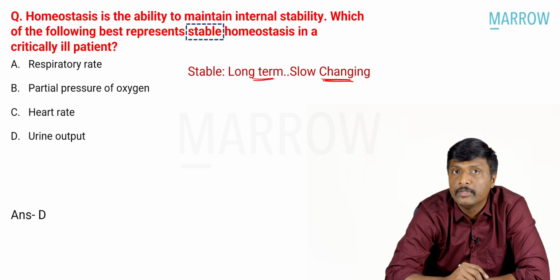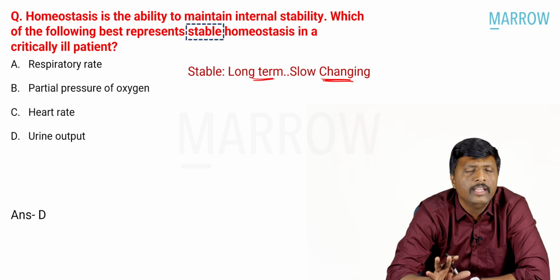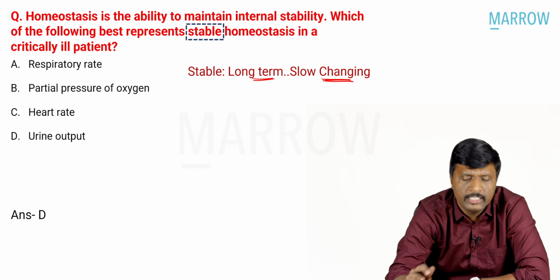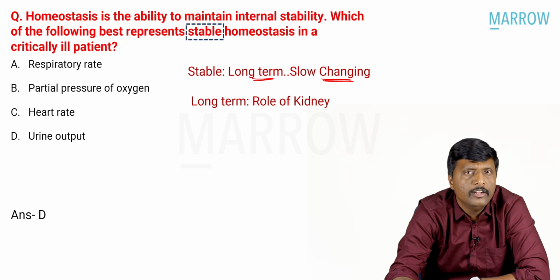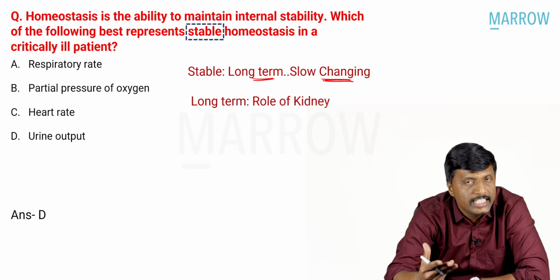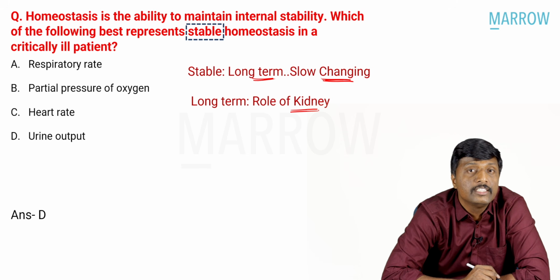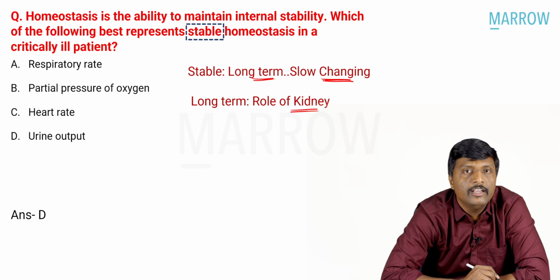It's long term. For acid-base balance, for homeostasis, body fluid volume, everything long term always means role of kidneys. Long term, for blood pressure regulation, for blood volume regulation, for acid-base balance, long term always means role of kidneys, slow and steady. Comes in the end, but the main hero is always kidneys.